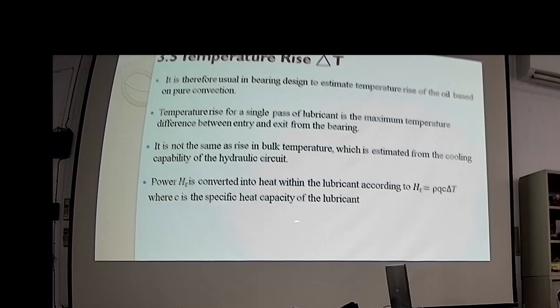So the C is the specific heat capacity of the lubricant. The rho is the density of the oil.